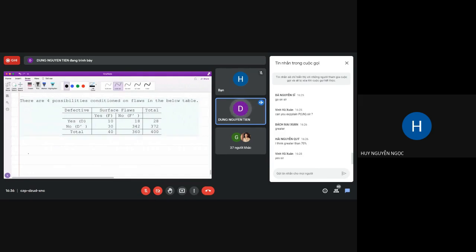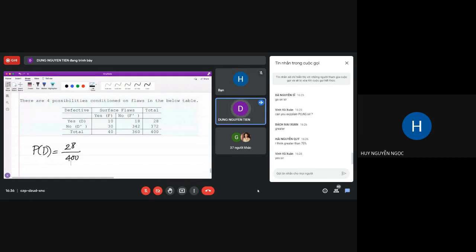If you pick one item randomly, what is the probability that the item is defective? The probability that the item is defective is 28 over 400, correct? Am I right?